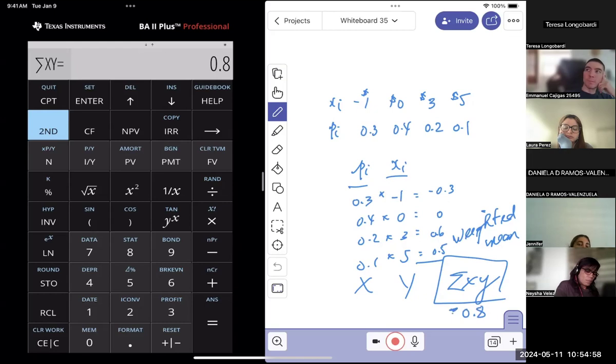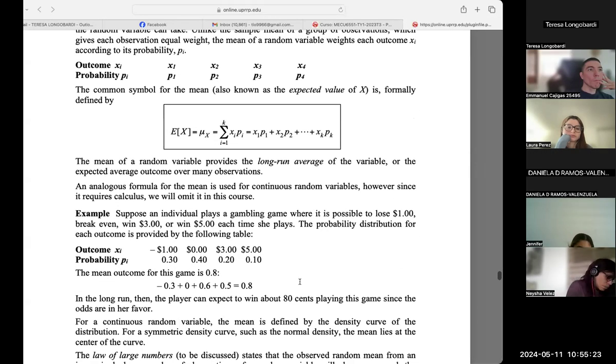Okay, 0.8. All right, so what we found was the average for this distribution. Any questions about that? So that's what we found, the mean.